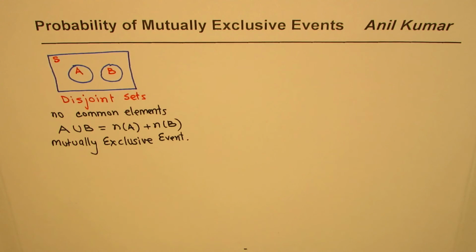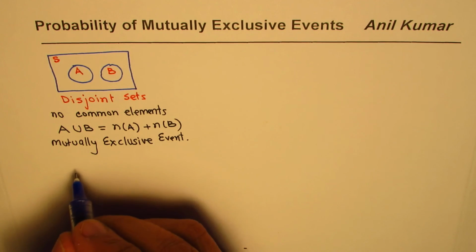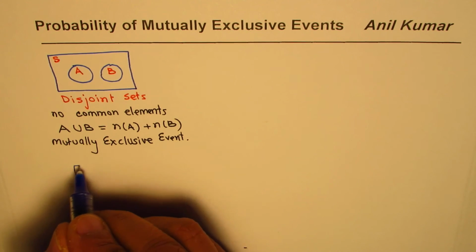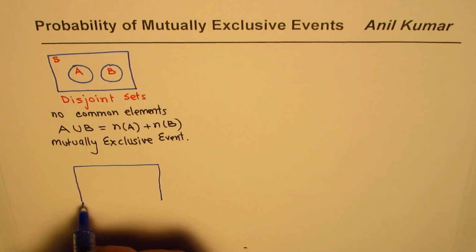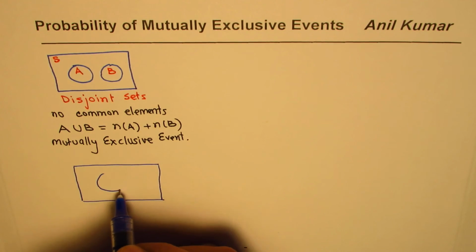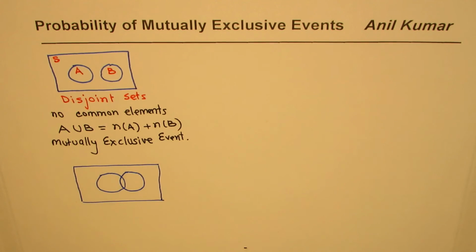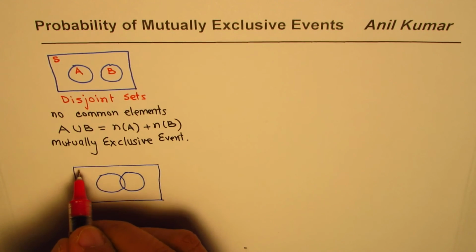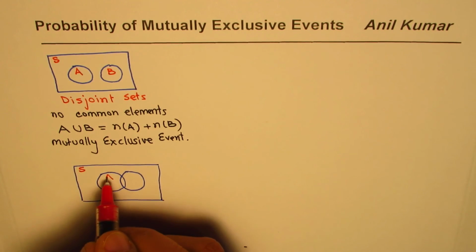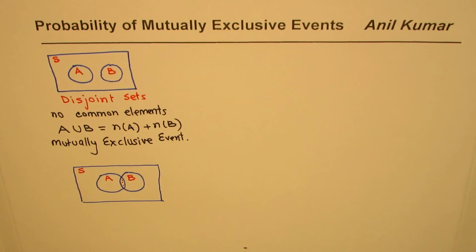Well, here itself, let me talk about the other events which are non-mutually exclusive. Let me take another example where we may have events which overlap. For example, let's say here is event A and then we have event B. You can clearly see that in this sample space we're talking about two events A and B, and this area here is common.